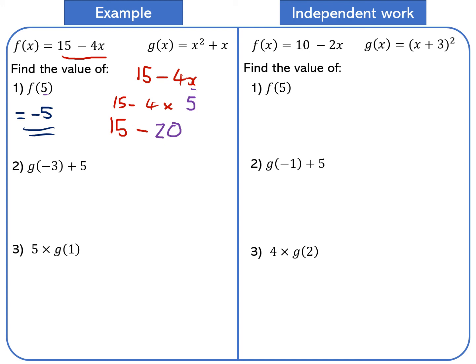Question 2, I've got g of -3 plus 5. So let's first of all write that out. I've got x squared plus x. And then I've also got on the end of that this plus 5. So let's just write that out.